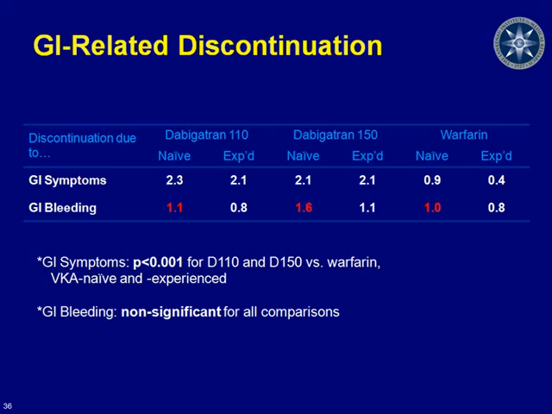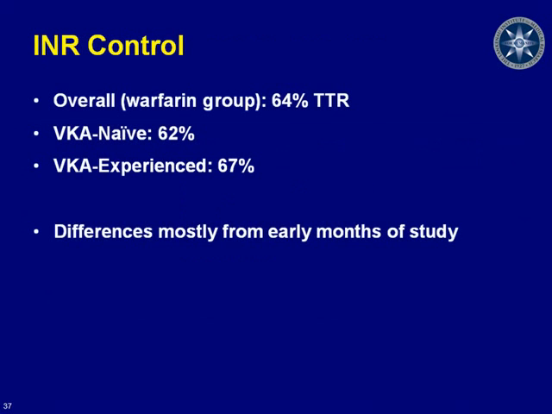The comparison on average is, this is major GI bleed, 1.6% per year for 150 of Dabigatran, and about 1.1% for patients on Warfarin. We don't understand the mechanism for the increase in GI bleeding with Dabigatran, and this is under active evaluation currently. Next slide, please.